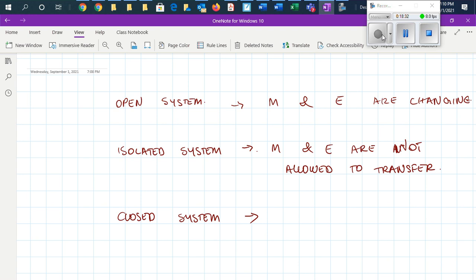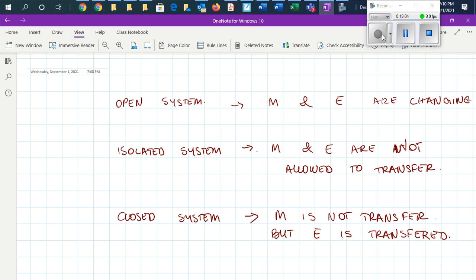So mass is not transferable, but energy is allowed to transfer, is moving. Is transferred.